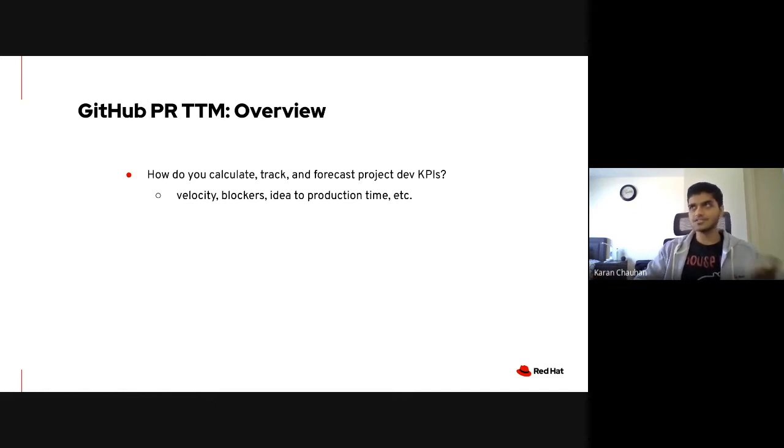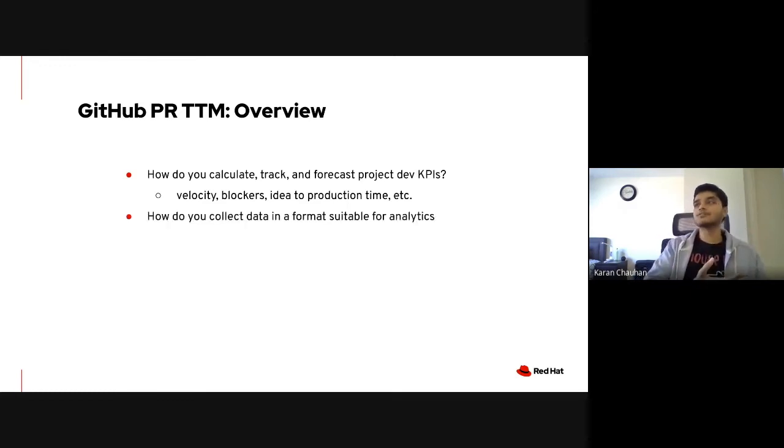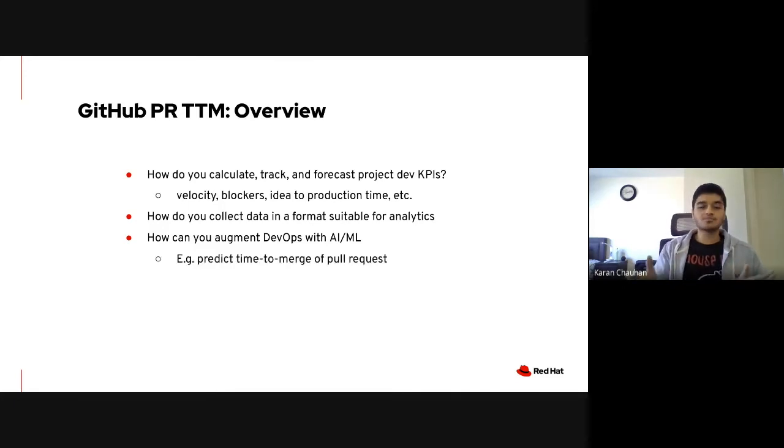This naturally leads to the question, how do you collect the data from your GitHub repositories that lets you do this kind of analysis? And once you have this data, can you augment the DevOps process with AI/ML services, for example, building a time to merge prediction service so that you can triage your pull requests or get a better idea of the estimated effort for each sprint, and so on? These were the broad challenges that we are trying to tackle in this sub-project.